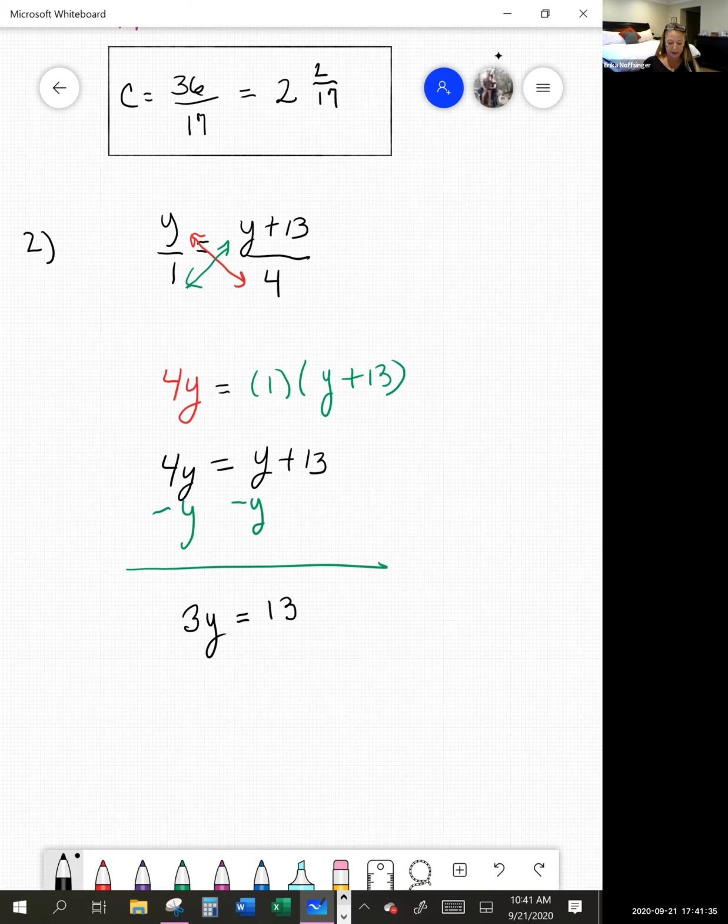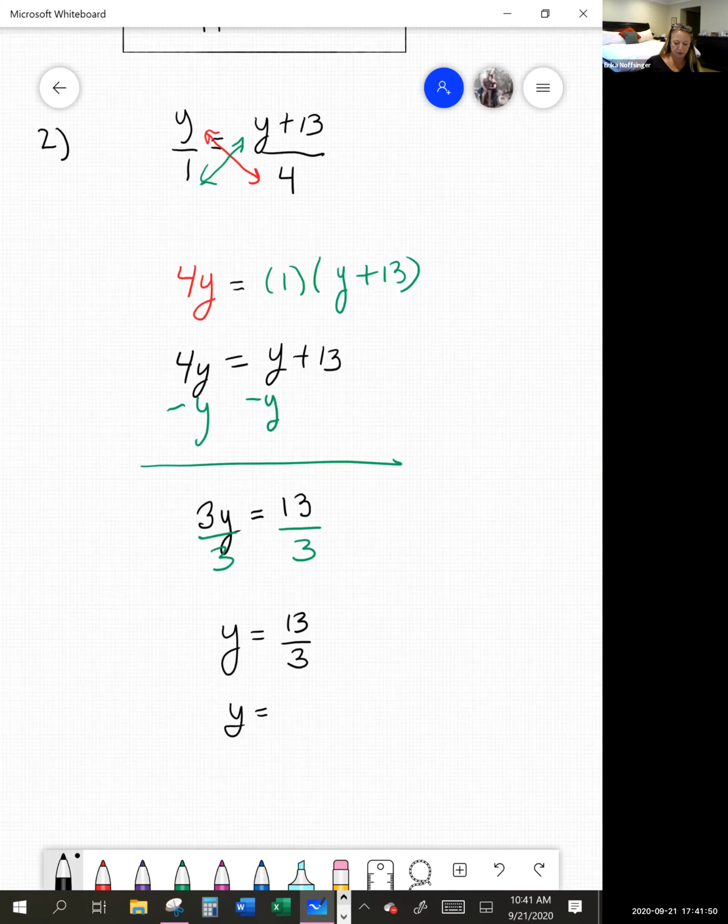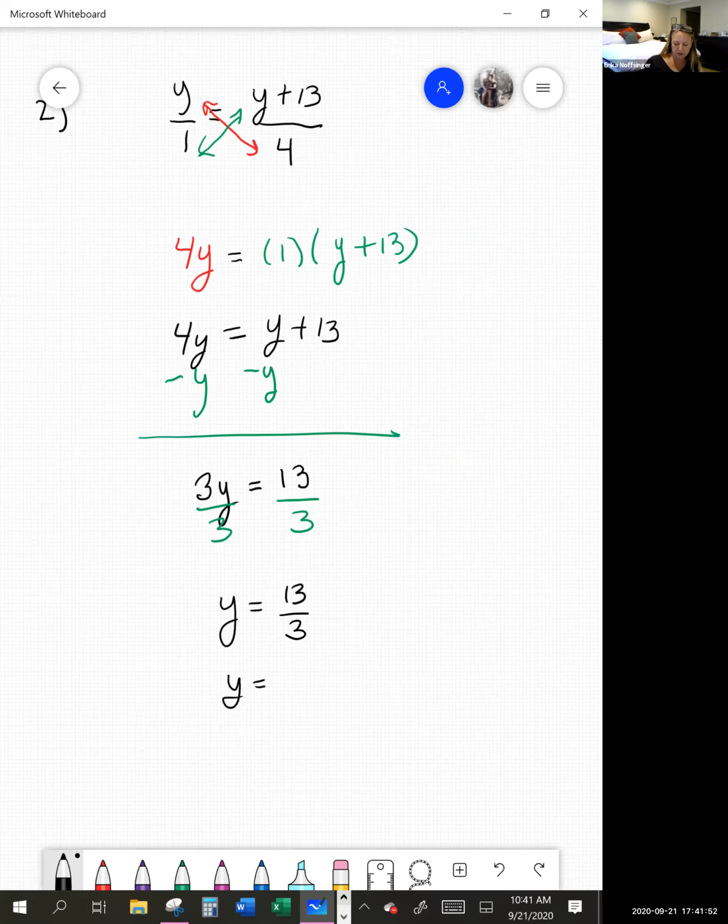Get y by itself. You're going to divide both sides by 3. So we get y is equal to 13/3. Which is the same thing. 3 goes into 13 4 times. So this is 4 and 1/3.